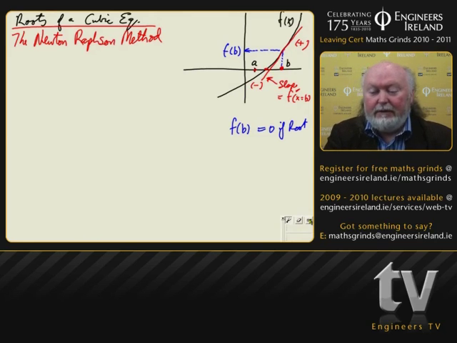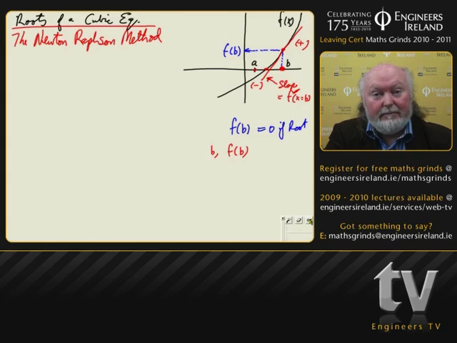So if I started off with a guess called x equal to b, the slope is f dashed when x is equal to b. So I found the slope here. I also know a point on that tangential line. The point is b, f at b.